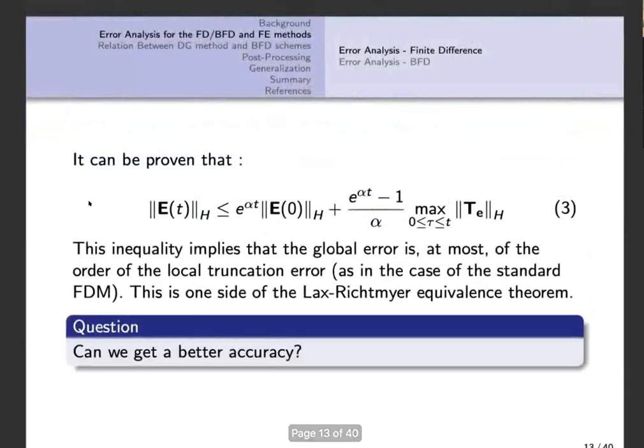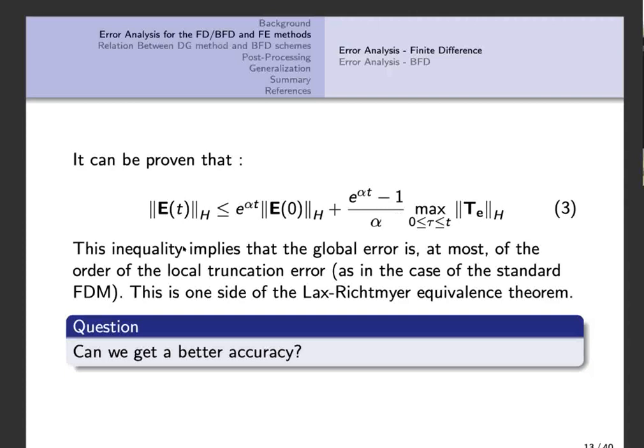So we can prove that the norm of the global error in this discrete norm is bounded from above by a first term, which depends on the initial error times the exponent function, which is coming from the semi-boundedness of the discrete operator, and a second term, which will interest us, which is basically dealing with this function, exponent of alpha t minus 1 divided by alpha, times the maximum of our truncation error in this norm.